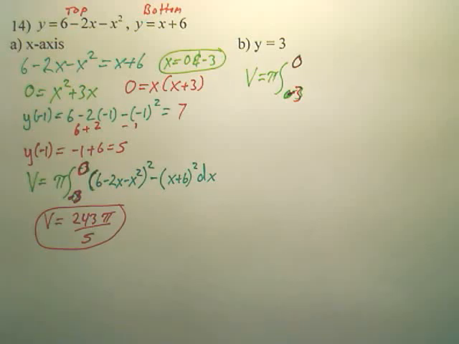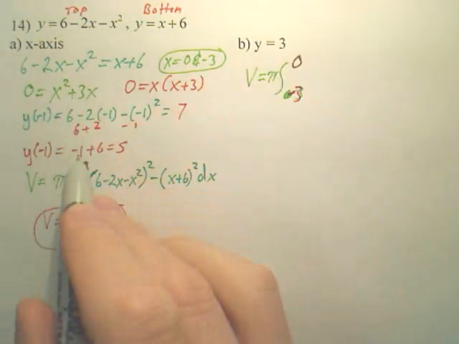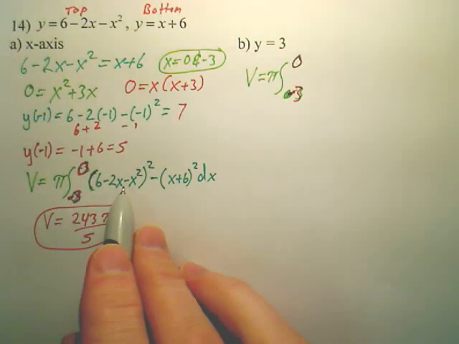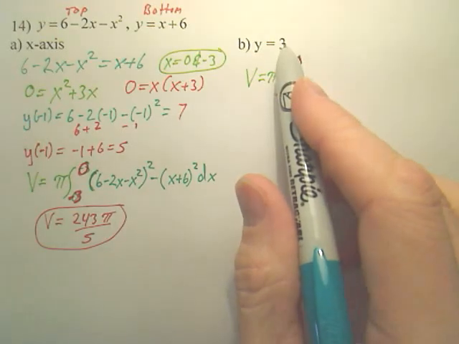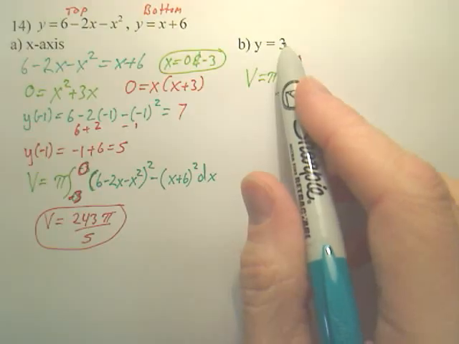Now the upper function again is this equation, but since it's 3 high, wouldn't that mean it's 3 less than the function's length?